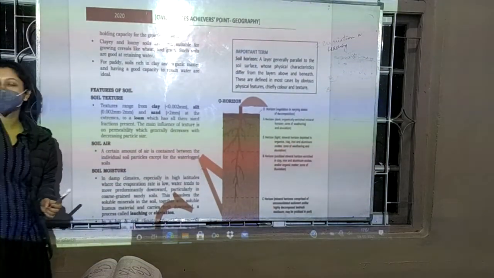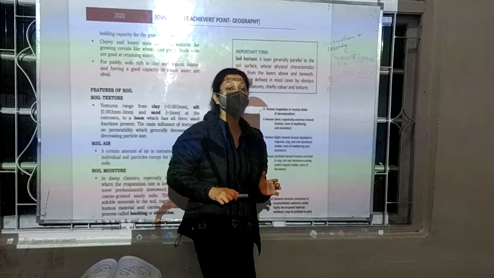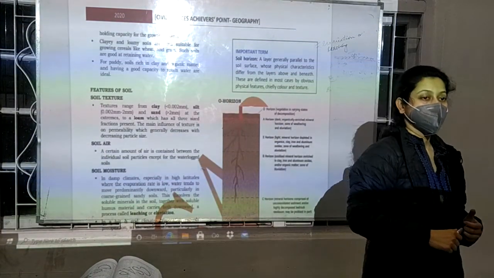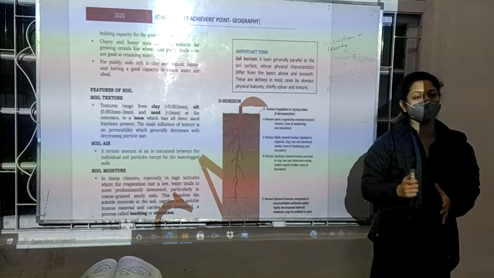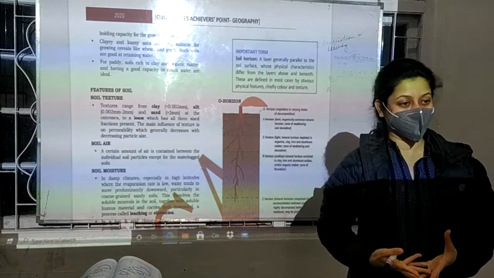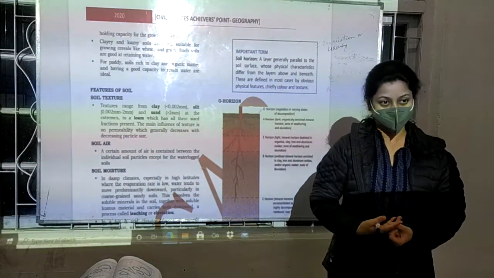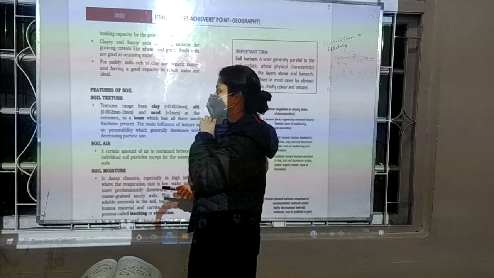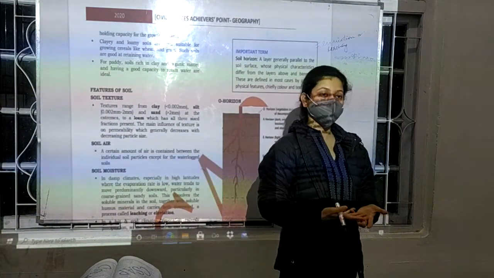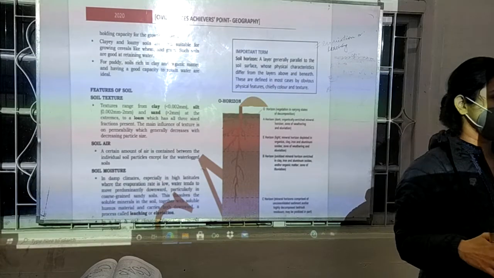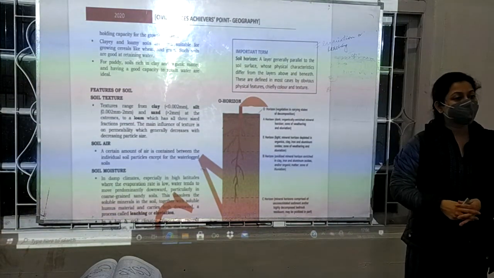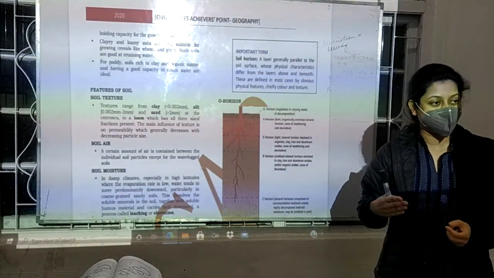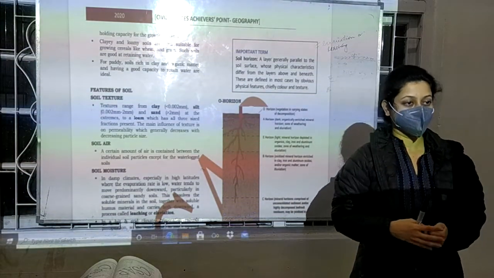So what is weathering? Weathering is the breaking down or disintegration of rocks in situ, that means in its own place. Soil formation is one of the effects of weathering. Erosion is when the weathered material is transported to some other place.